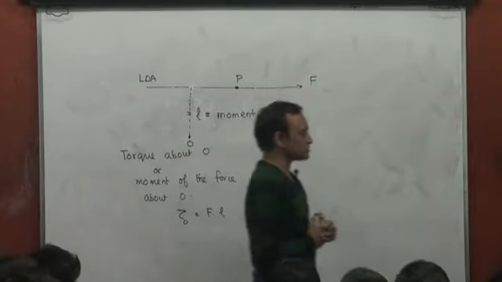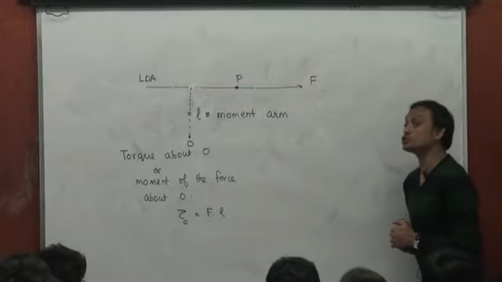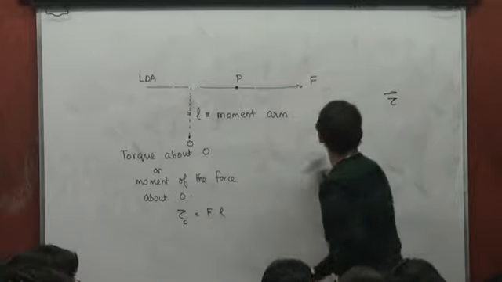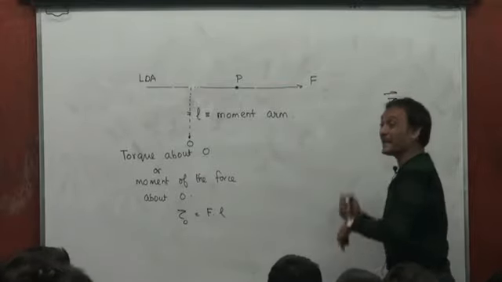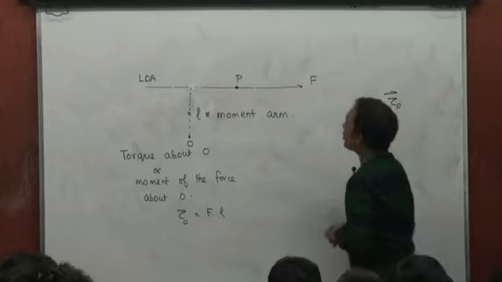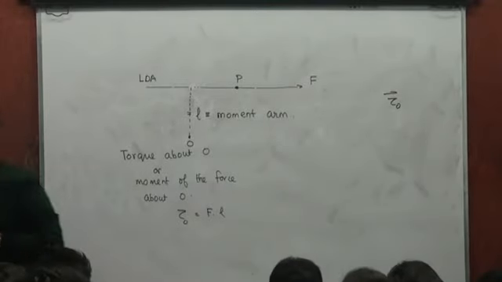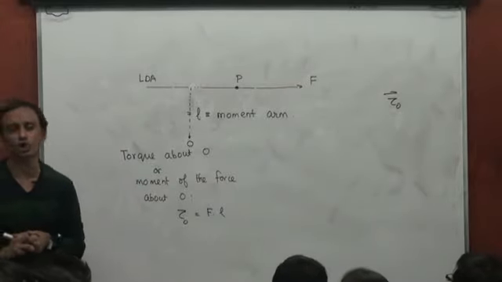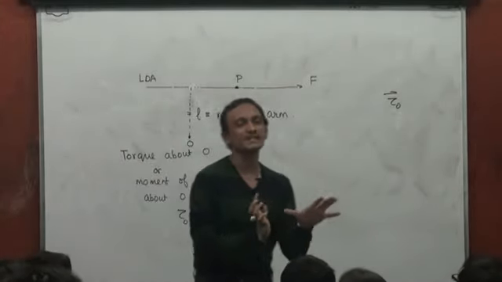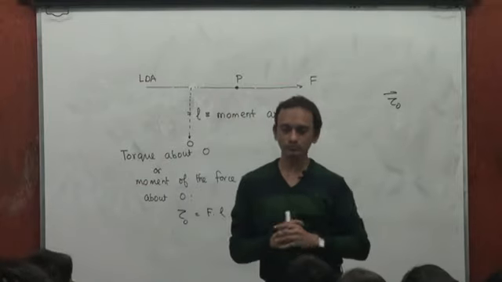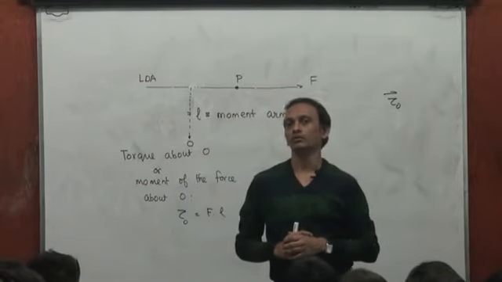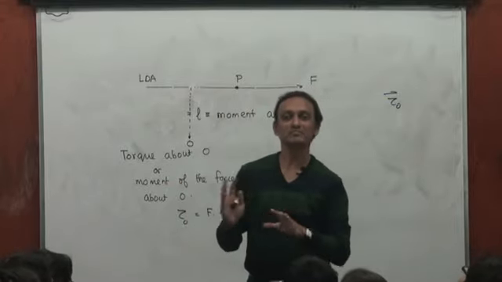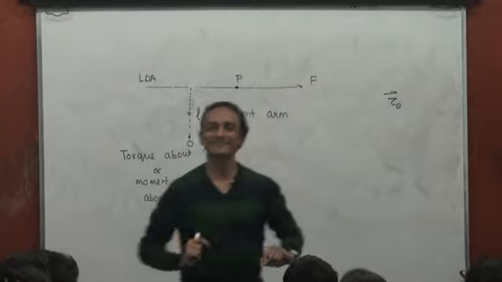The torque is a vector whose magnitude is tau O, and it has a certain direction. But in most cases, we don't talk of the direction of torque. We talk of the sense of the torque. There is a difference between sense and direction. A sense does not necessarily have direction, but direction always makes sense.